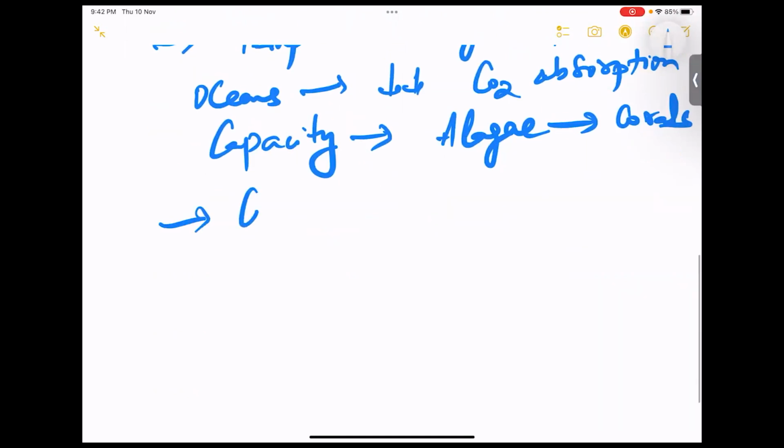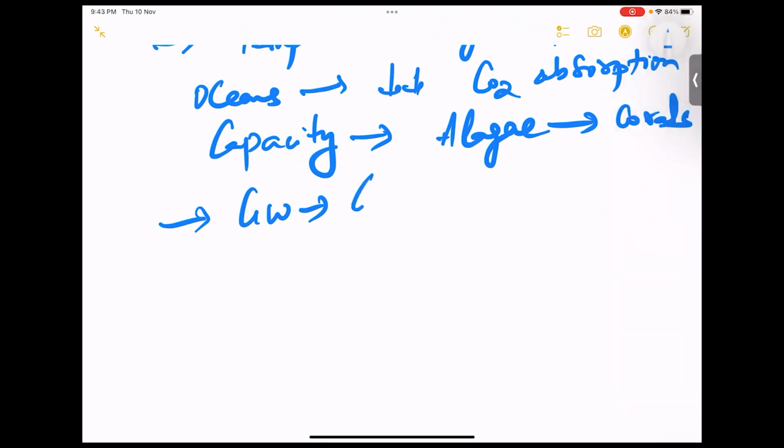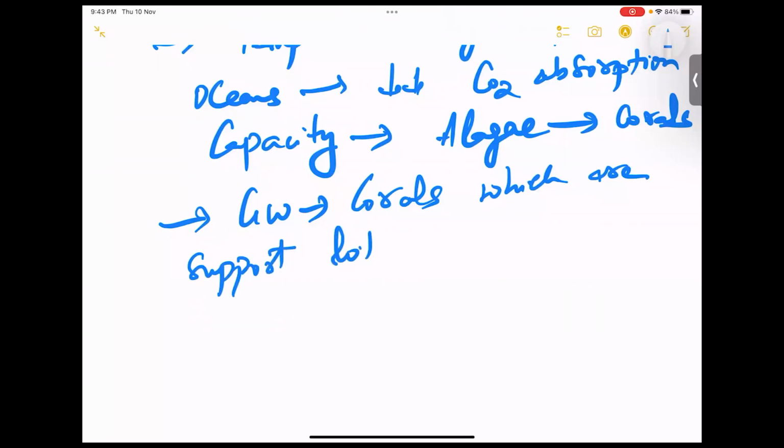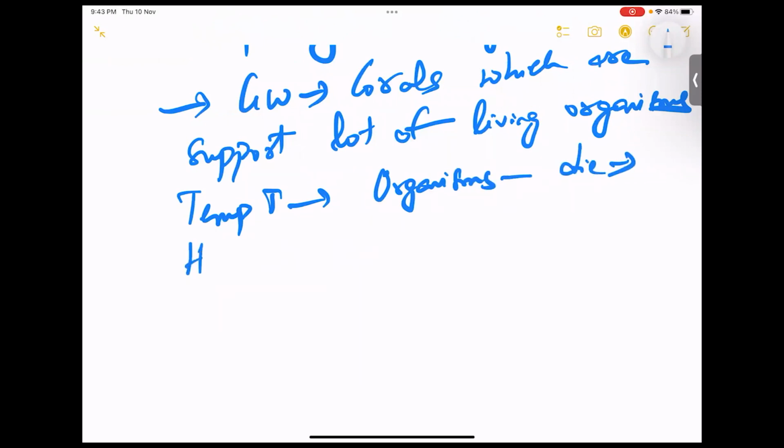And also, global warming is impacting corals, which support a lot of living organisms. Corals themselves have a lot of living organisms, and due to temperature rise, these organisms tend to die, thereby impacting the health of corals.